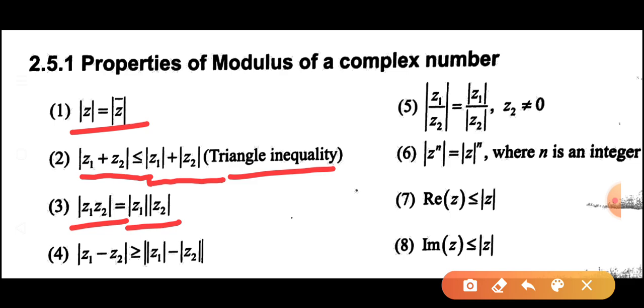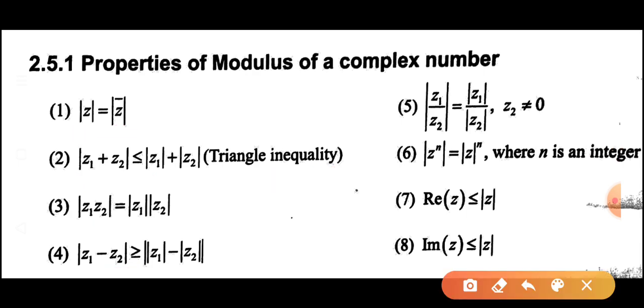Next, fourth one, likely the triangle inequality. Here in the triangle inequality we had z1 plus z2, but here it is modulus of z1 minus z2, which is greater than or equal to modulus z1 minus modulus z2. Now fifth one, divide.